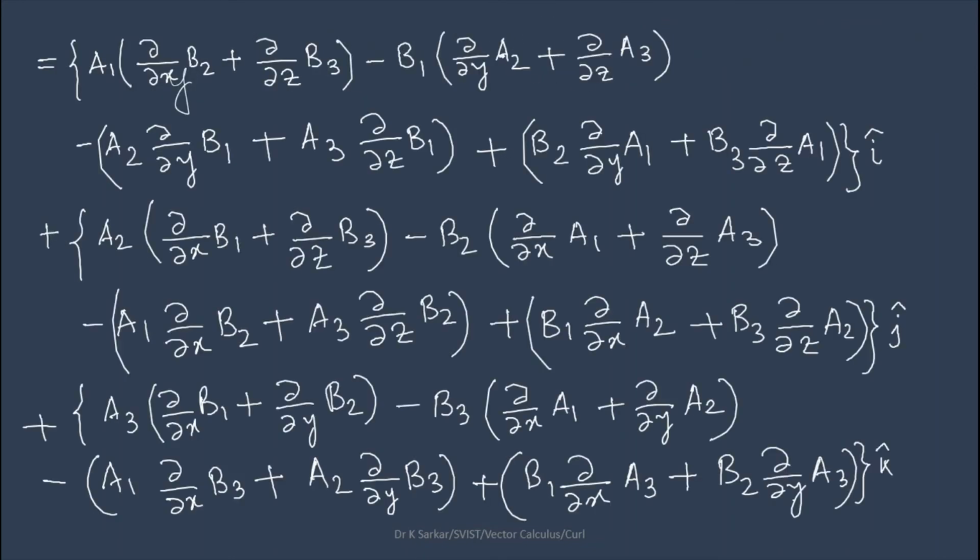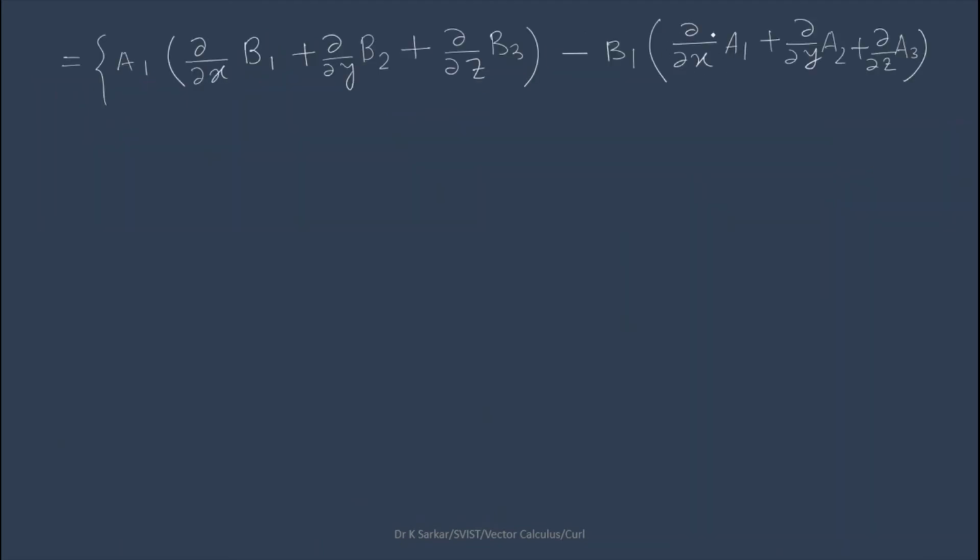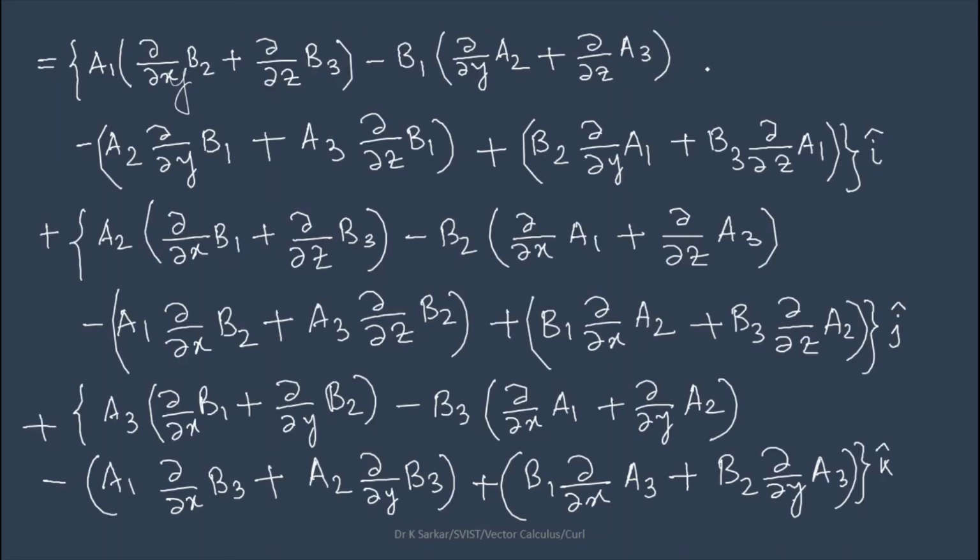Okay, so we have added del x a1. So this term we have to add. Here the minus sign is there, so we have to add. And in this case we will add. So here let us write minus, adding that term a1 del x b1.